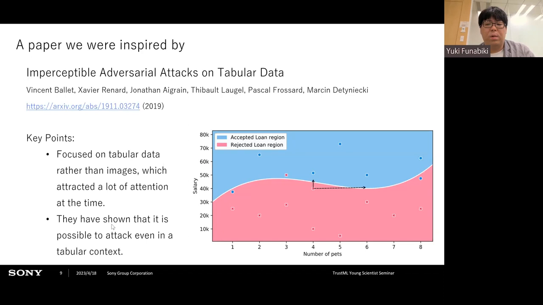This paper targeted the tabular domain, and this is very interesting because many business use cases in machine learning applications usually use CSV format, the tabular data format, and they have shown that it is possible to attack even in a tabular context. So we should prepare for such tabular data adversarial examples in our business use cases.